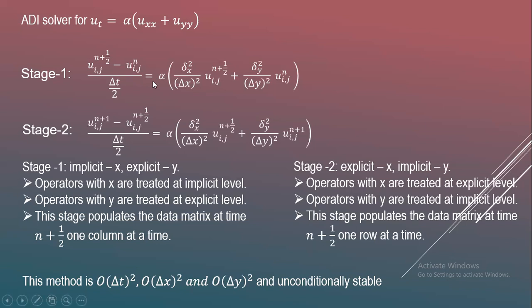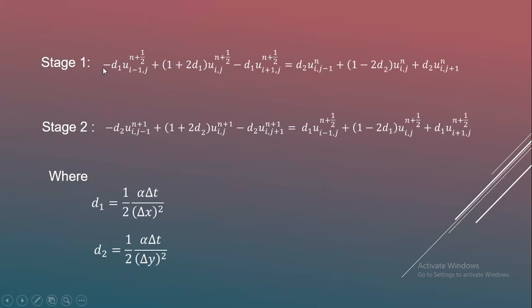And to reduce the computational time, stage 1 forms a tridiagonal matrix, and similarly stage 2. So here is the tridiagonal form of stage 1 and stage 2. Actually, that's the fundamental algorithm of the method.